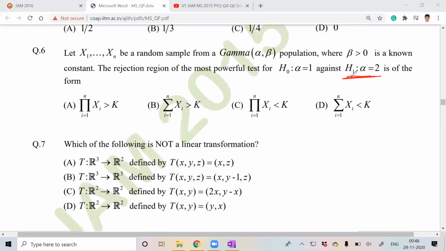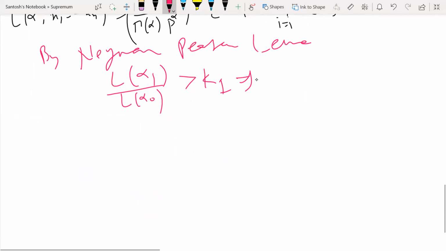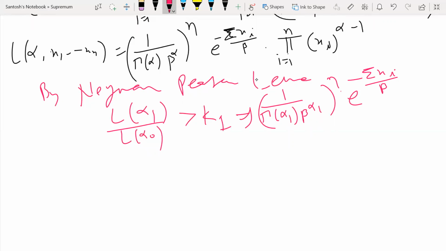So alpha 1 is 2 and alpha naught is 1. In the numerator, we use alpha 1: (1 upon gamma(alpha 1) beta raised to power alpha 1) whole power n, e raised to power minus summation xi upon beta, and product xi raised to power alpha 1 minus 1, i from 1 to n.